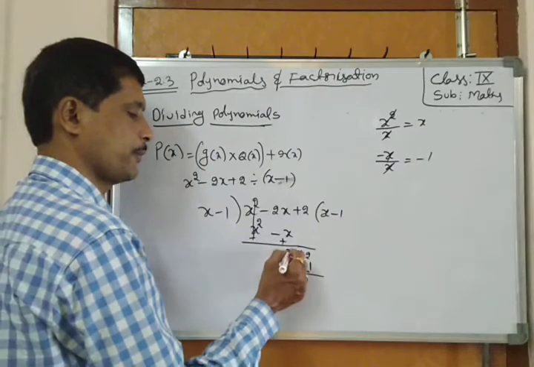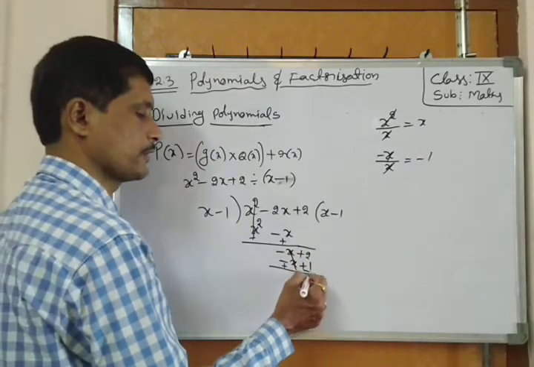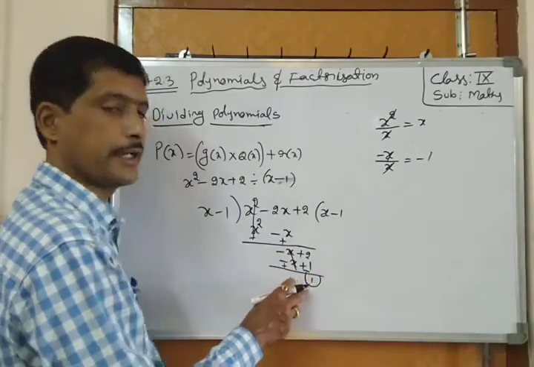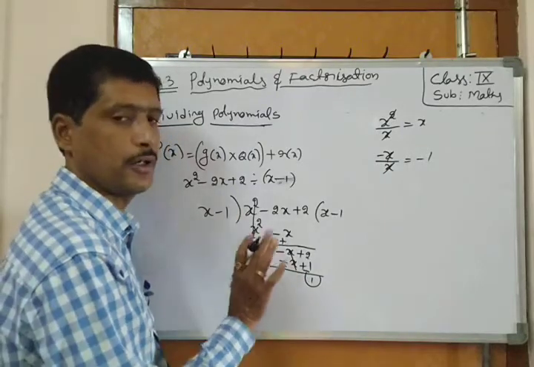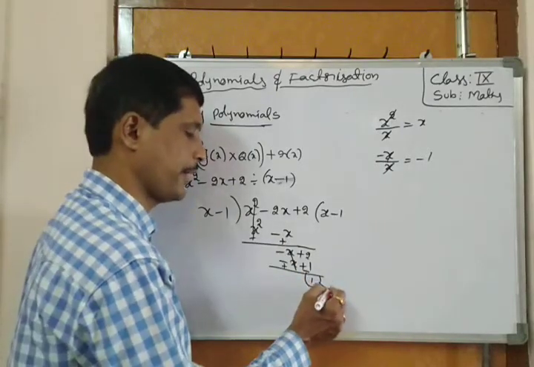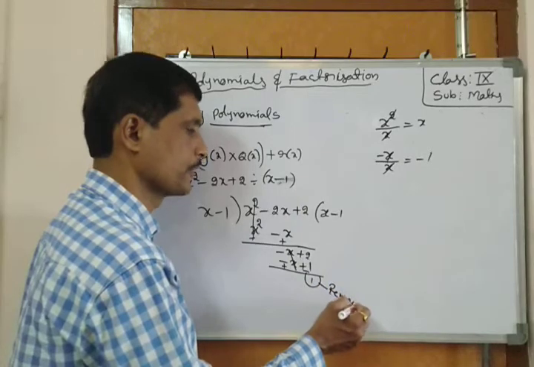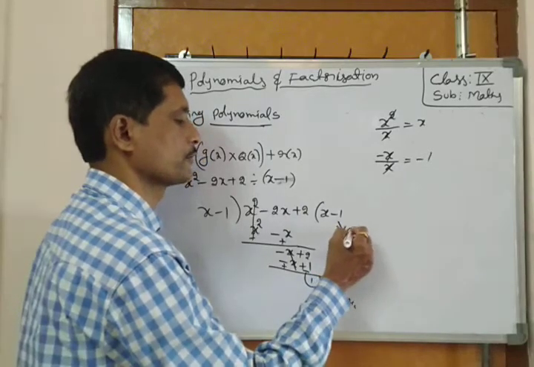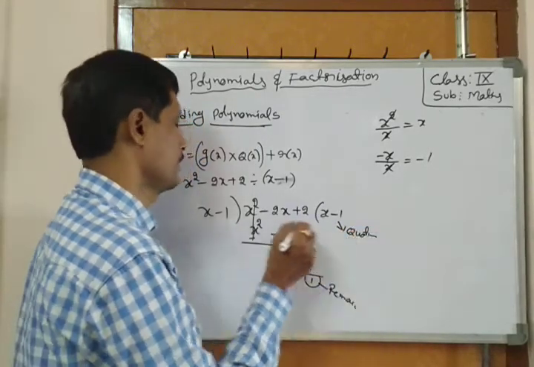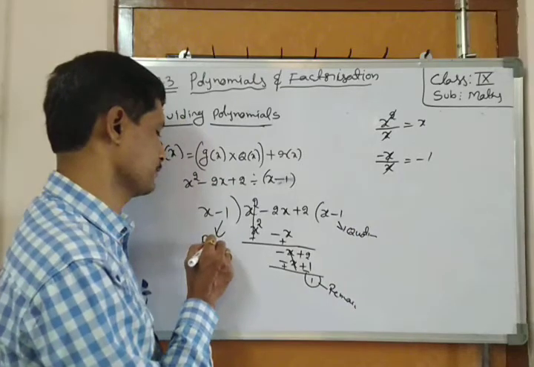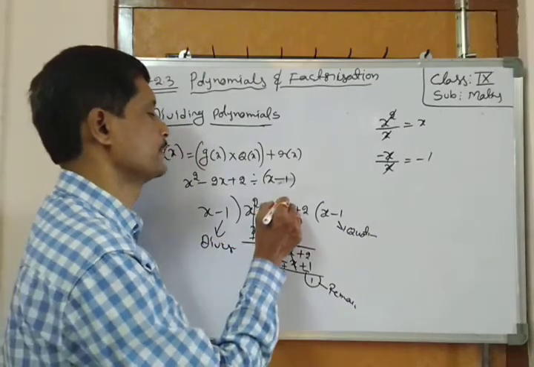Minus x plus x cancel. Here 2 minus 1 is 1. Here the degree is 0, and the divisor's degree is 1. Therefore the process ends. This is the remainder. This is the quotient. This is the divisor. This is the dividend.